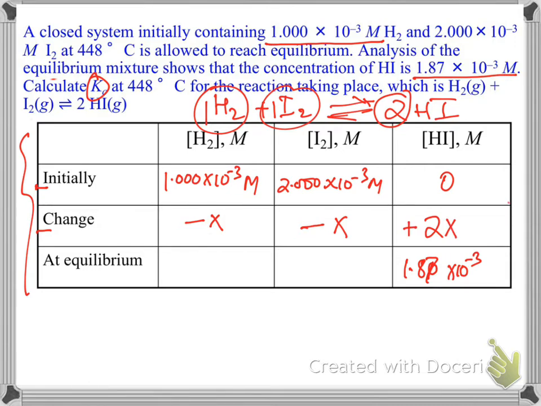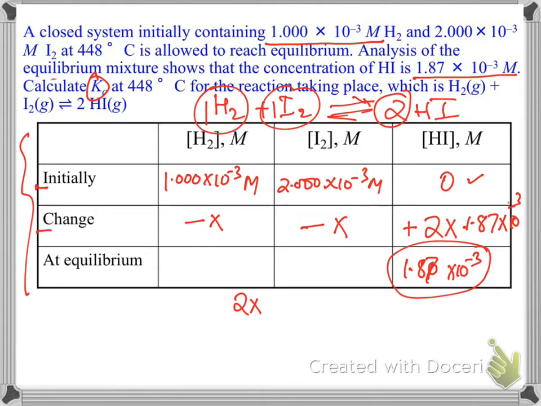Now, using this table, the one I did so far, I can find the value of x, because initially we started with 0, and at equilibrium I have this much concentration. That means it must be coming from here. So I can say 2x, basically 2 times x is forming. So the change is, in this case, 1.87, so your 2x is equal to 1.87 times 10 to the negative third.